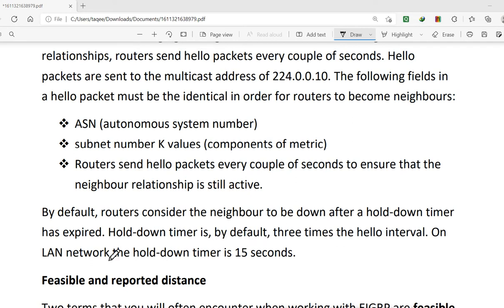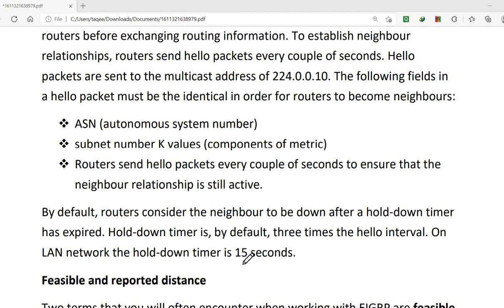On a LAN network the hold down timer is 15 seconds. So it only considers the neighbor dead when the hold down timer has expired. So if your hello interval is 5 seconds, it will wait 15 seconds for the reply. If it does not get any reply, it will consider the neighbor dead.